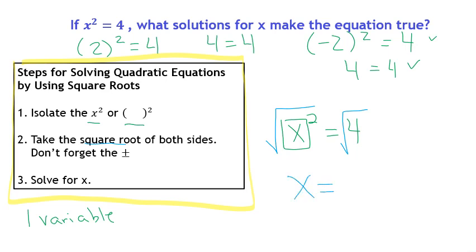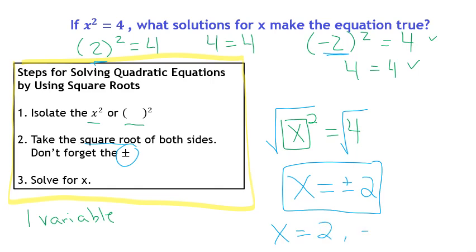And when I take the square root of 4, we know it is 2, but I have to include a plus or a minus, because like we just saw, you could have positive 2 that we square, or a negative 2. Either one could be a solution. So our answer is plus or minus 2, or you can write it as 2 and negative 2, or list them separately. Basically we have two solutions for this equation.